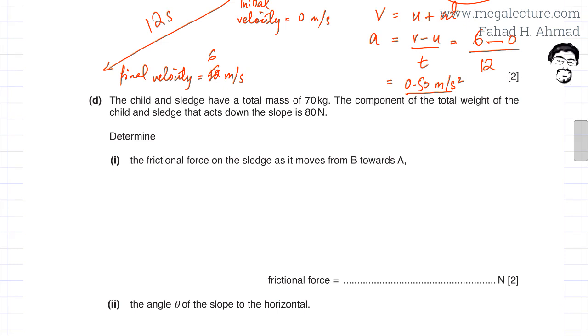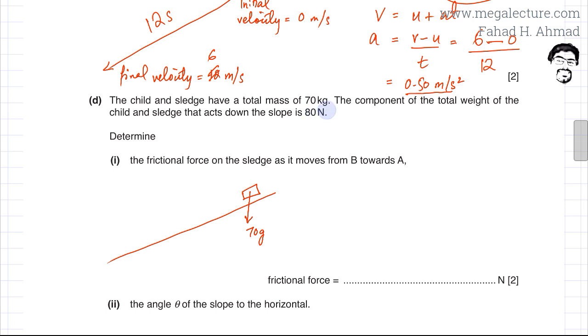Now what this basically means is that you have, this is your slope. You draw the slope, this is my slope. This is where the sledge is. So let's think of this box as your sledge, and the weight downwards is 70 kg or 700 newtons approximately, or 70 G, where G is the acceleration due to gravity, and you take it as 9.81.